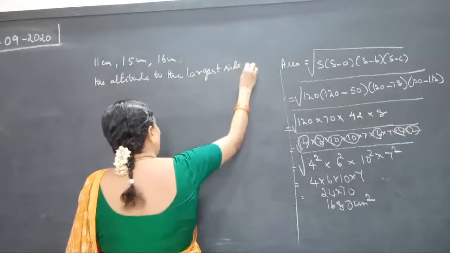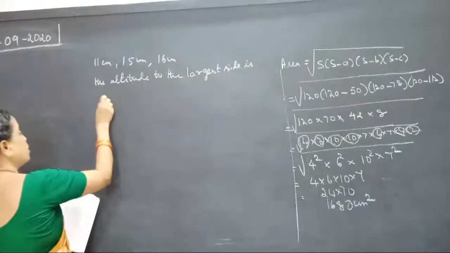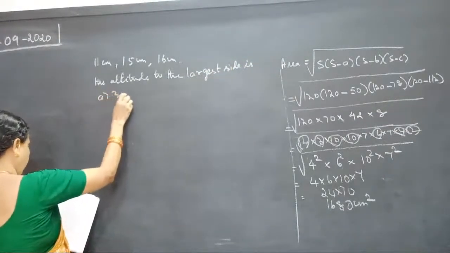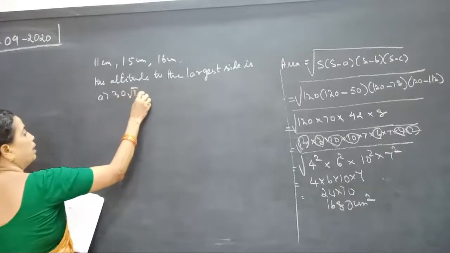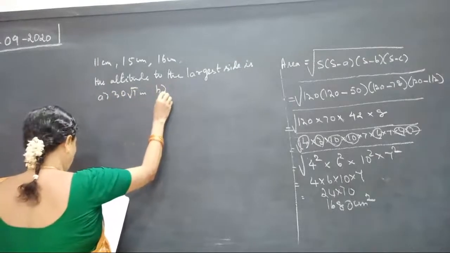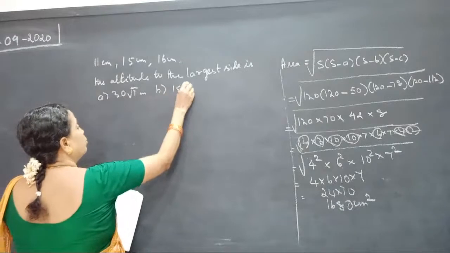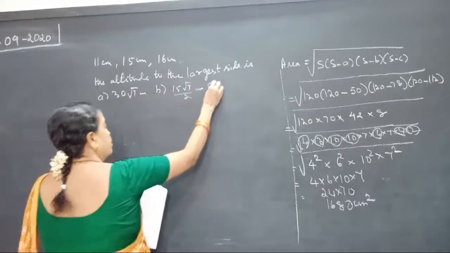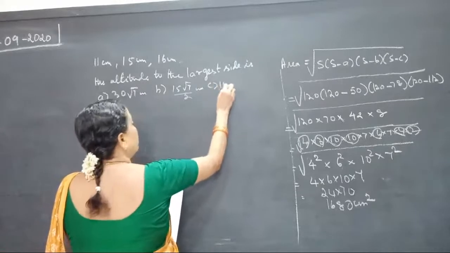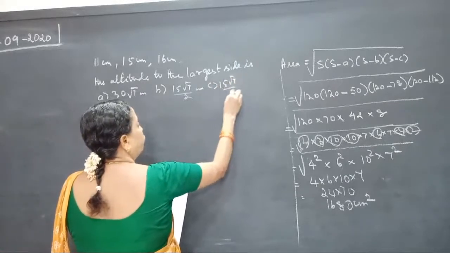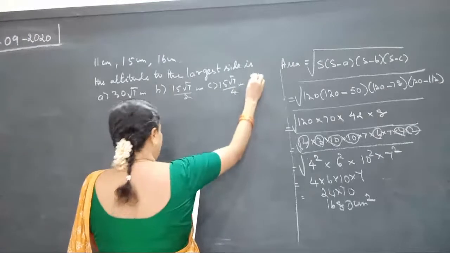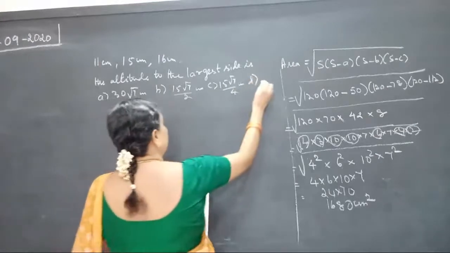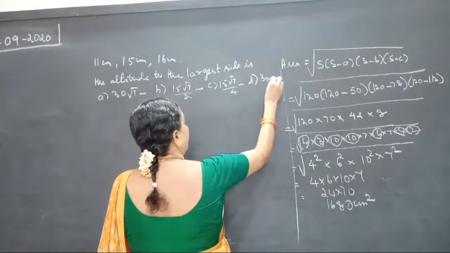Option A 30 root 7 centimeter. Option B 15 root 7 by 2 centimeter. C 15 root 7 by 4 centimeter. And finally 30 centimeter.